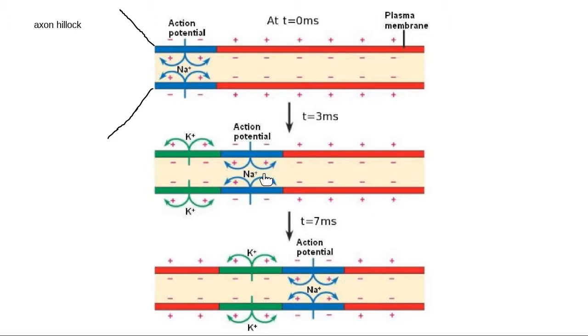And next door, first the voltage-gated sodium channels open to make it positive, then the voltage-gated potassium channels open to make it negative again. Both types of channels are used to move my signal from the axon hillock all the way down to where my axon terminals would be here at the end.